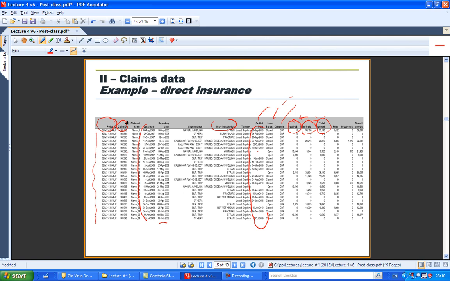And then you have some fees on top of the total incurred. So this is basically the full indemnity of the claim. But then there are some fees, for example, from lawyers, and then there are the recoveries. And the overall amount, as you can imagine, is the total incurred plus the fees minus the recoveries.